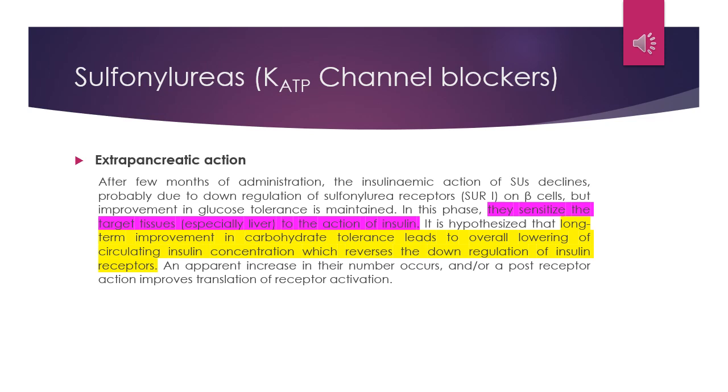This is because there is downregulation of sulfonylurea receptor, but the blood sugar control stays adequate in spite of decreased insulinemic action. It has been proposed that due to adequate blood sugar control over a period of time, there is reversal of insulin resistance, and the insulin receptors which were downregulated come back to the surface, and blood sugar level is controlled adequately by this lower level of insulin.